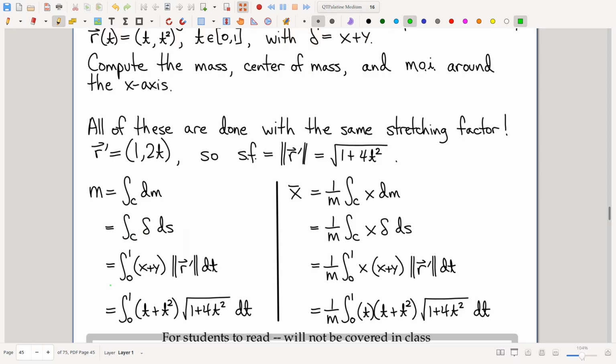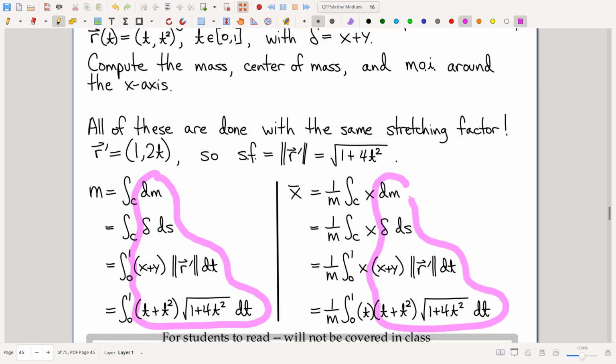Okay, now let's talk about the x-coordinate of the center of mass, and this is awesome. Check this out. All of that same stuff comes up again over here. Here's our old formula for the x-coordinate of the center of mass, and there's that dm. dm is going to play out exactly the same way that it did in the last example.